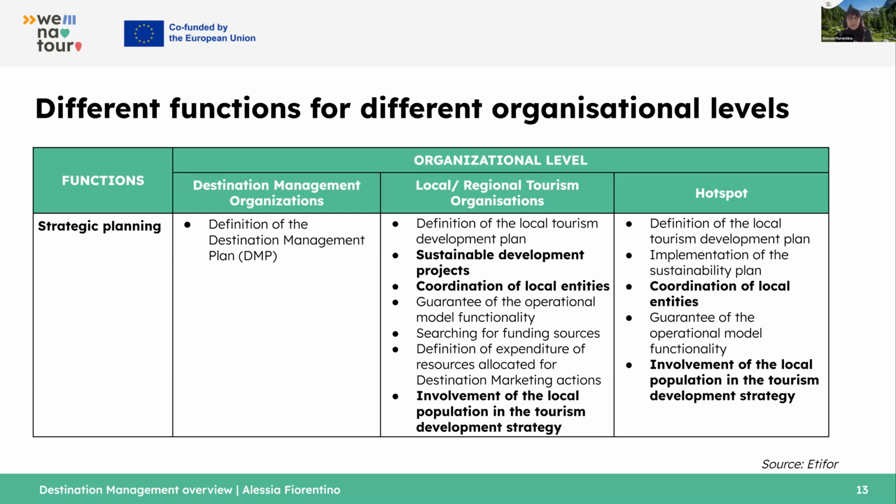You see how, especially at the local regional level, the work is on coordinating locally the entities and making a link with all stakeholders. This is something that is more effective at the local level rather than the national level. So a DMO at the upper level is not working without the work done by the regional or local level.